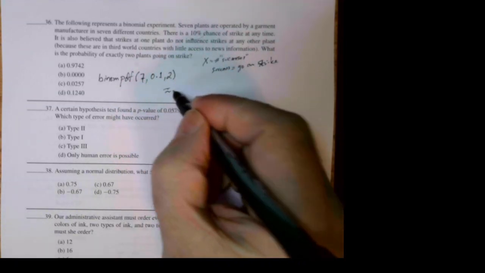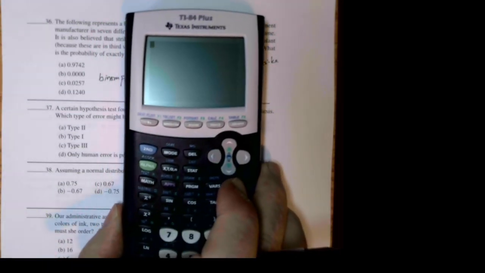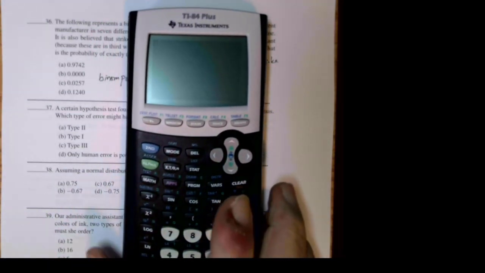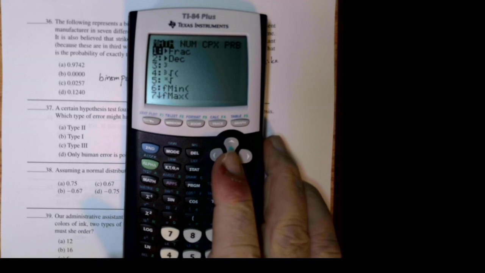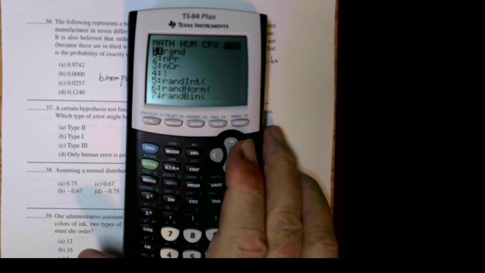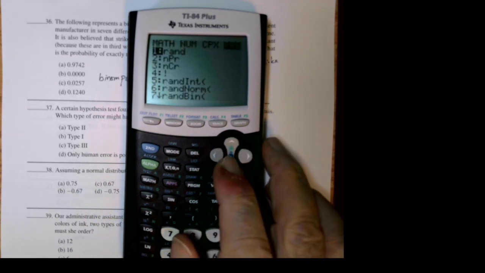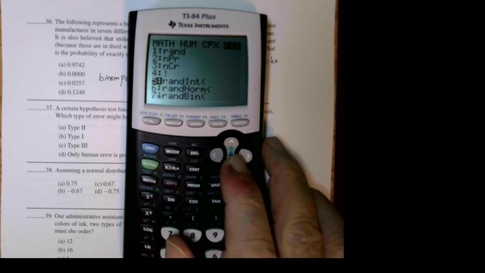And if you plug that into your calculator, maybe I ought to just do it to remind you where Binompdf actually is. You go to Math, and then you arrow over to the Probability menu, and down to, no, you don't do any such thing.